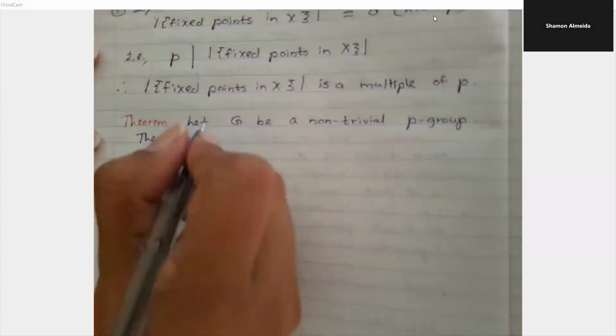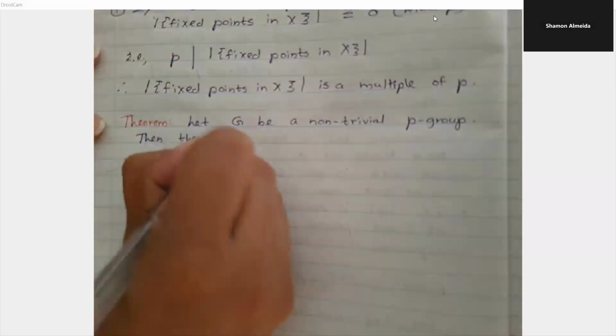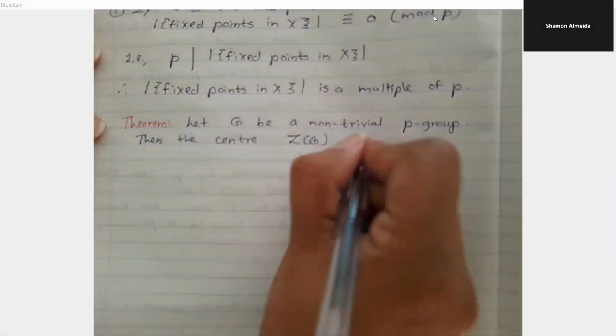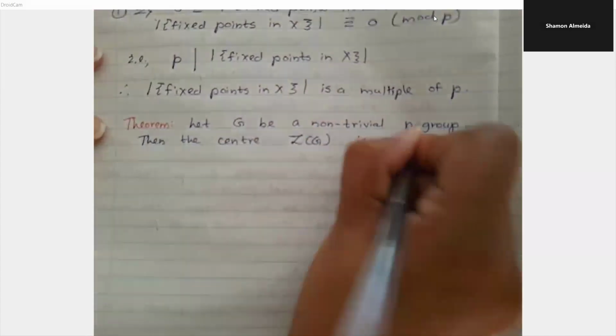In other words, because G is a P group, the number of elements in G is some non-negative power of P, but because we are specifically given that it is non-trivial, it has to be some positive power of P, right? Then the center Z of G is non-trivial.